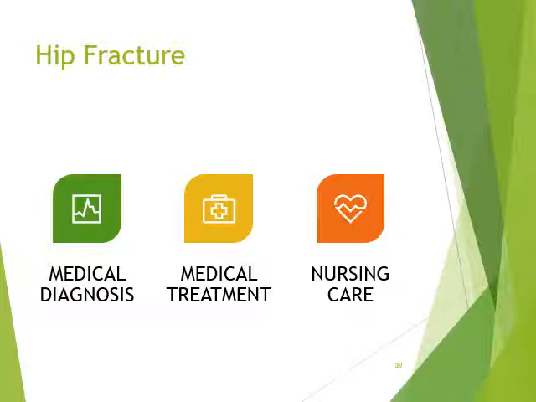So medical treatment would be internal fixation, a femoral head replacement, or a total hip replacement. So see what I mean? There's 3 different kinds of surgeries a patient could have for a hip fracture. So just saying your patient has a hip fracture doesn't really tell me everything, does it? All right.